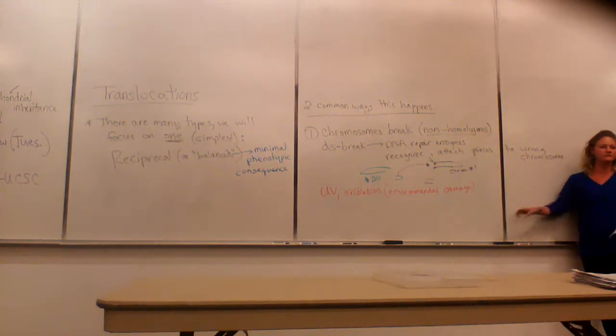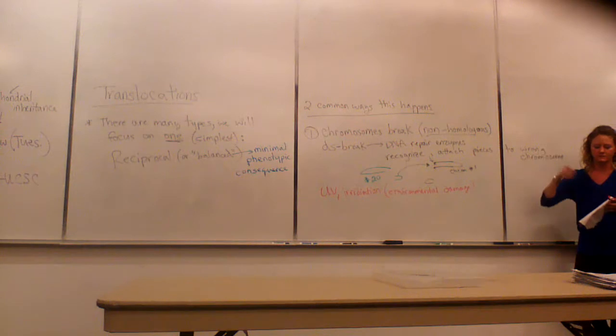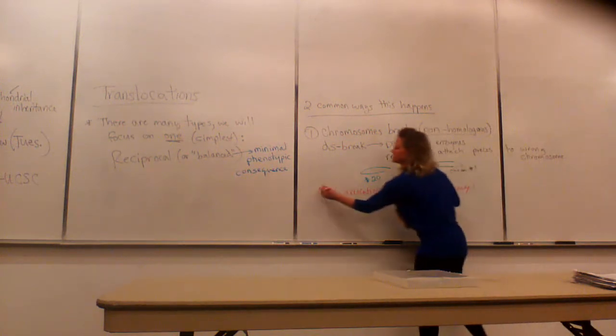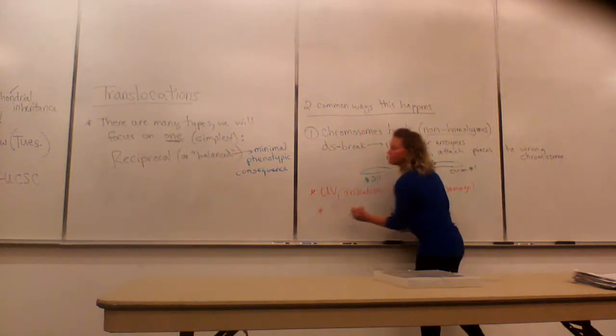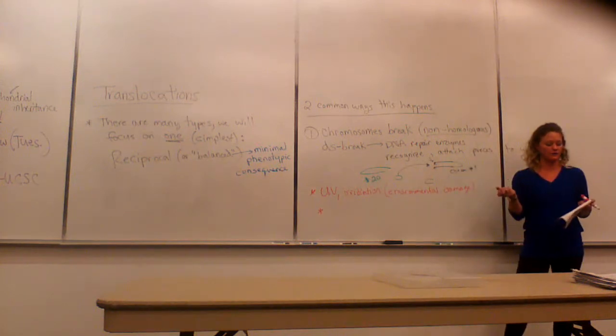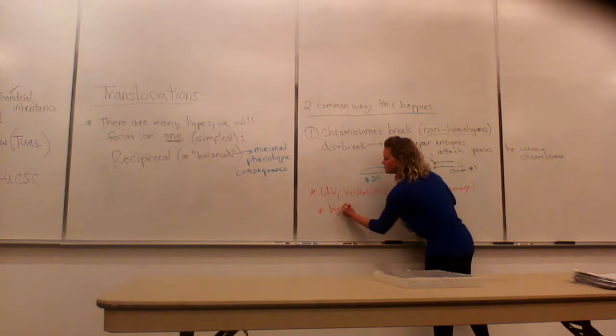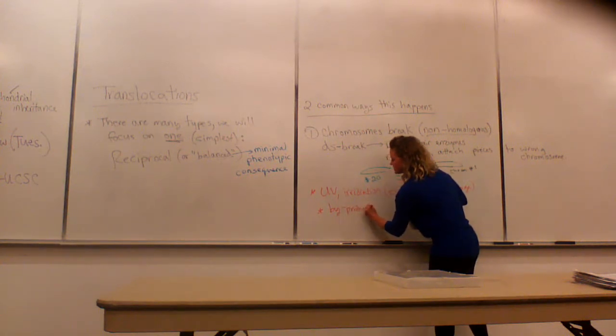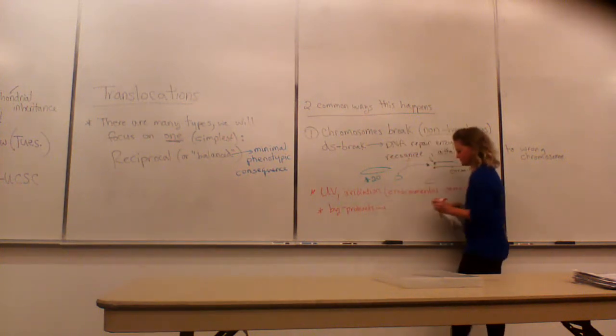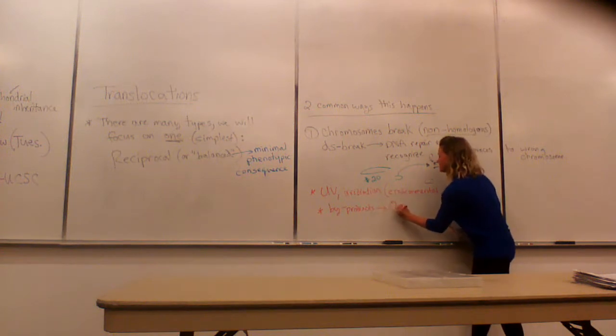You also have reactive oxygens, and again, we'll go into more detail when we get into repair, but it doesn't hurt to hear it twice. You have cellular metabolic byproducts, right? So this would not be environmental, this would be from internal, but O2 radicals.